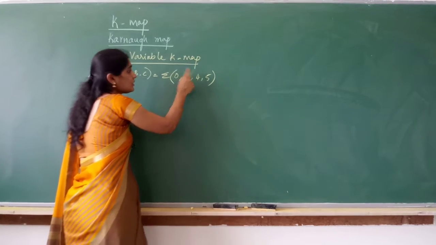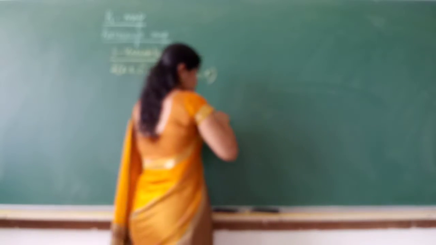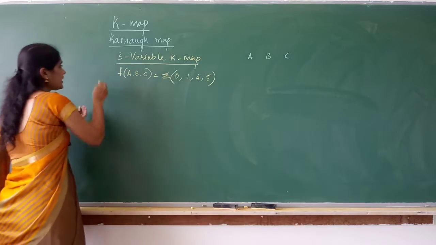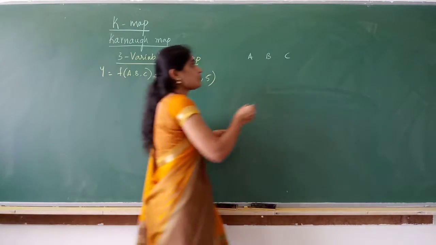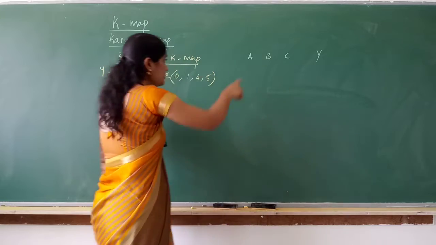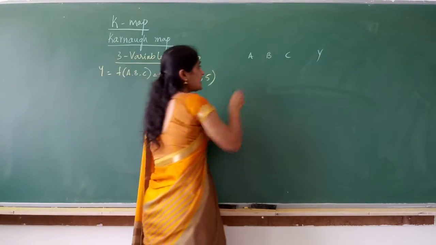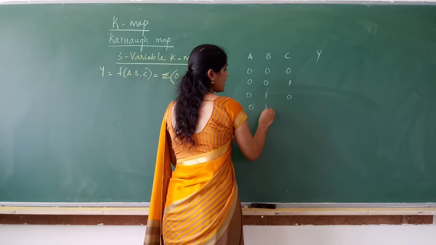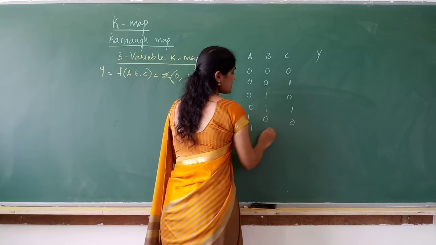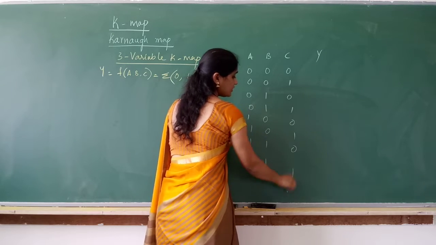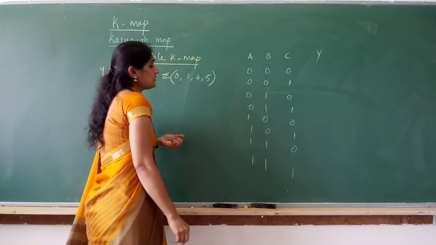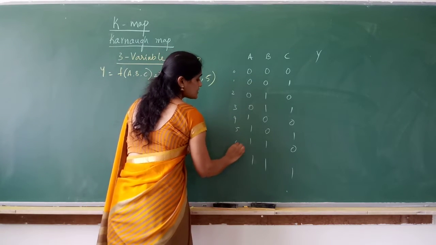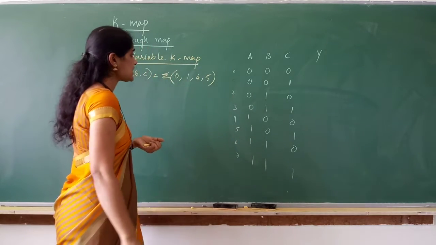Inputs are A, B, C. Let me take the output as Y. 3 input variables means how many different combinations do I get? 000, 001, 010, 011, 100, 101, 110, 111. These are the 8 different combinations, 0, 1, 2, 3, 4, 5, 6, 7.